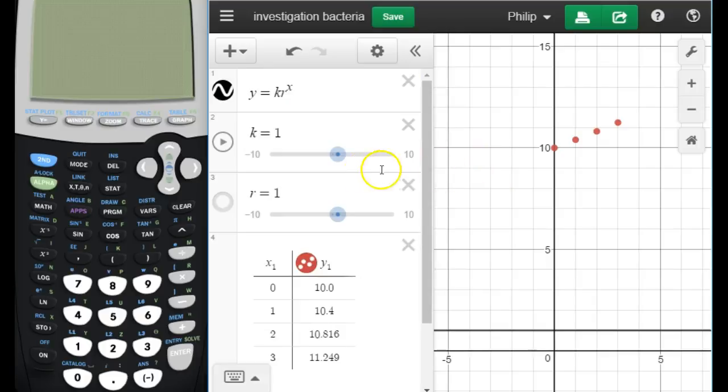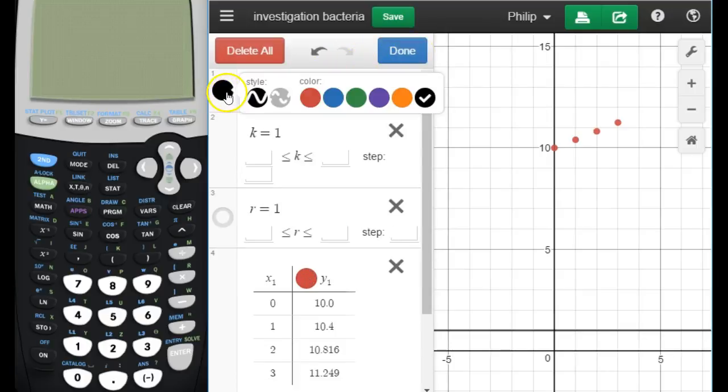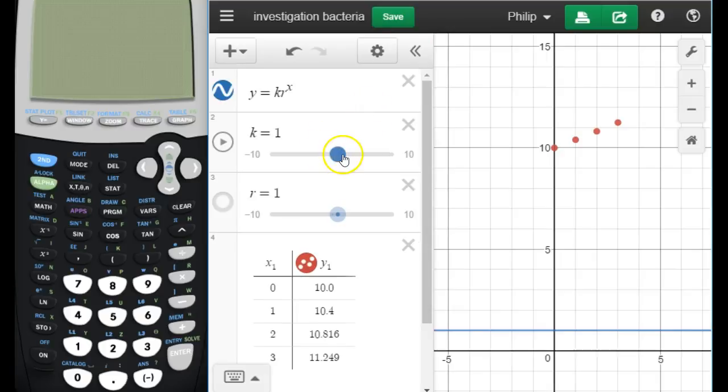So now we have an expression, it's right here, by the way, this line here. Let's change the color to something more blue, maybe. Okay. Now we're going to start adjusting our k and our r, and see what k and r do.